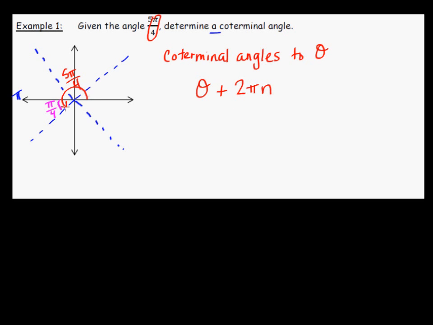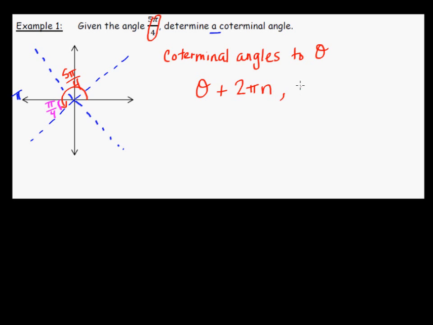Because if I take my angle theta and add 2 pi to it, it just means that I'm rotating around an extra time, but I would still come back to the exact same position on the Cartesian plane. So if I multiply 2 pi by some integer and add that to my original principal angle, 5 pi by 4, I'm going to get another angle that is coterminal to the original.